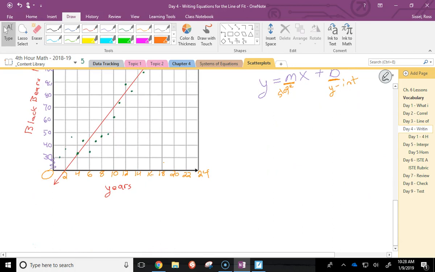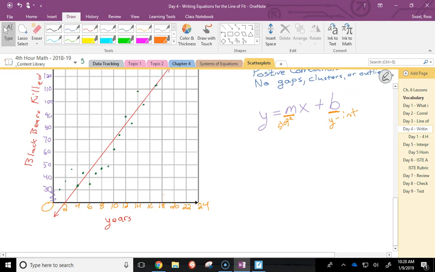The reason why is because we said year 1, we're at 30. So when we're at year 0, we didn't track any information, there was none. And we know we can't go negative. We can't say, hey, there were -5 bears born. We actually killed -5 bears. Our cars were driving, they hit a bear, 2 bears popped out. No, that's not going to happen. So, there you go.